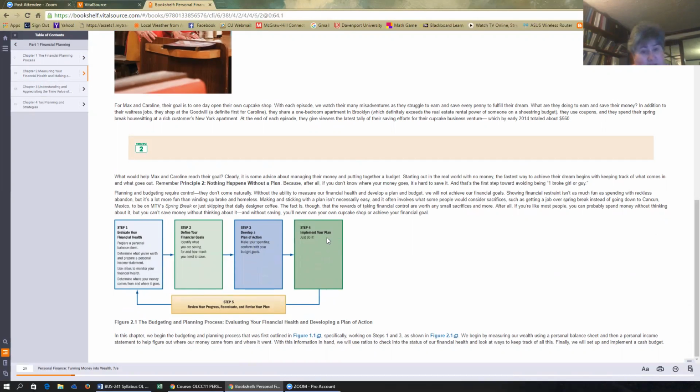Step 4 is start doing it. And then 5 is this continuous loop thing that says, okay, now that you've got your goals and you know what you're supposed to be doing, start doing it. And then every once in a while, stop and say, is my plan still working? Is it right from where I'm at in life right now? And then if you need to, take another snapshot of where you're at now, make some different goals or adjust your goals and so on. And it just becomes a loop.